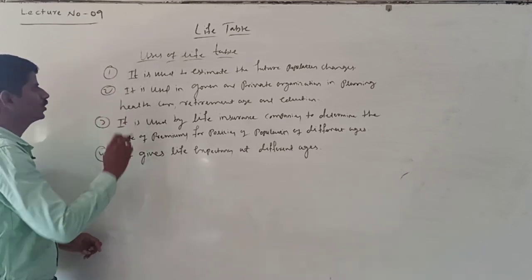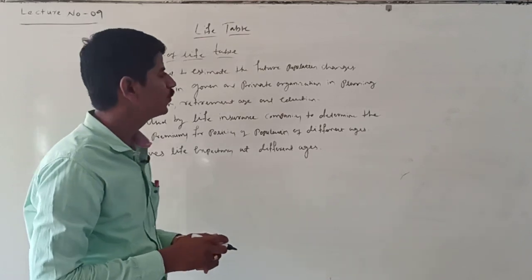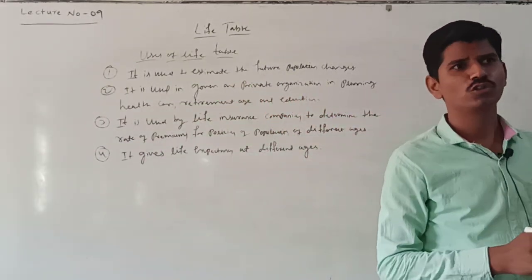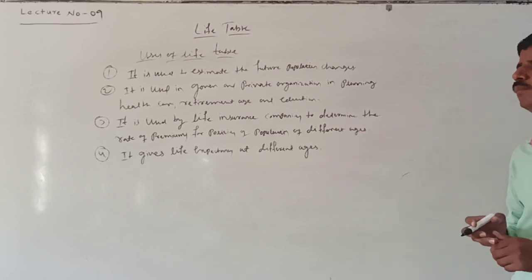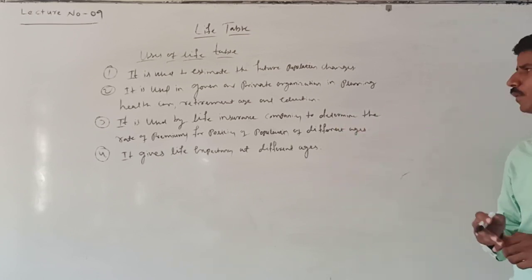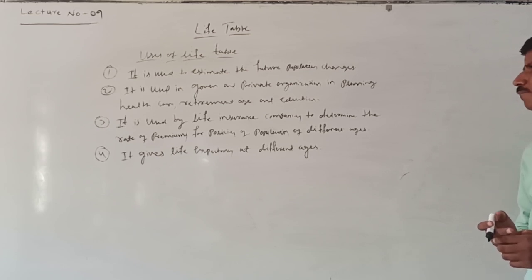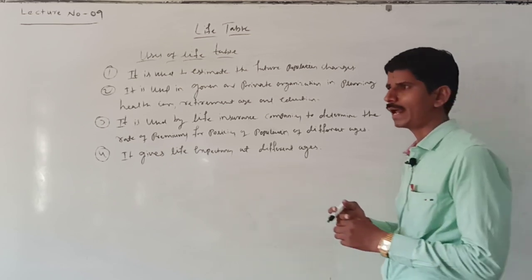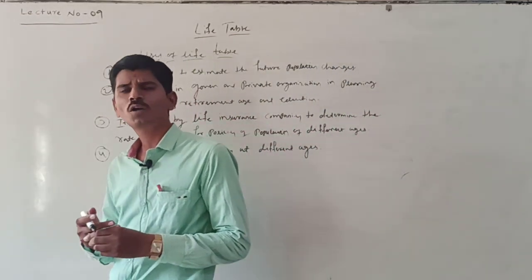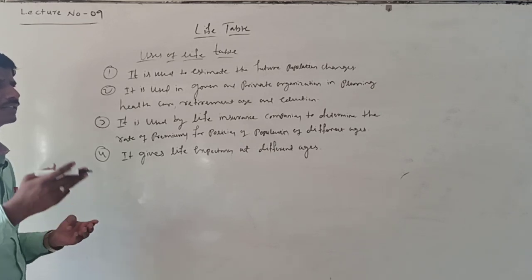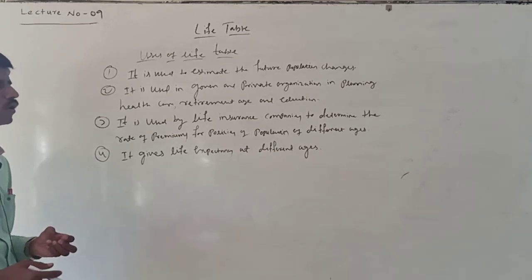Once again, the first use is it is used to estimate the future population changes. Second, it is used in government and private organizations in planning healthcare, retirement age, and education policies.